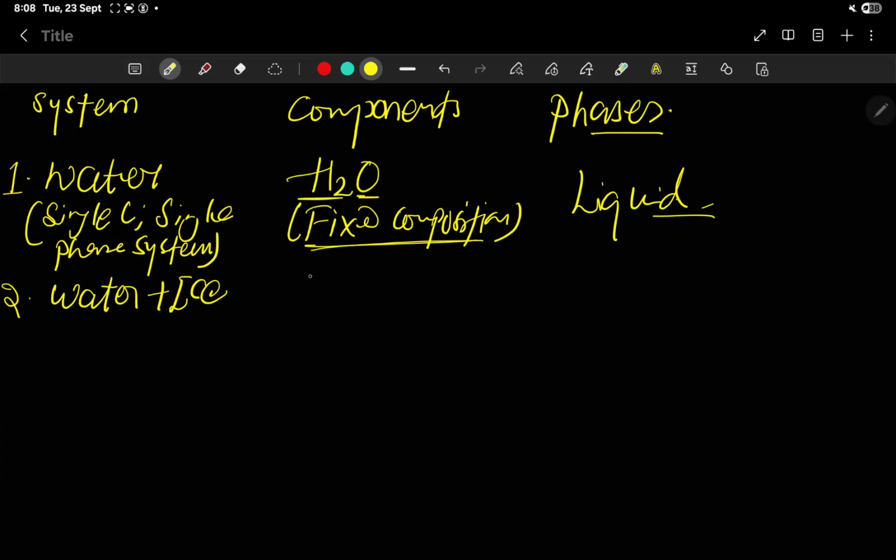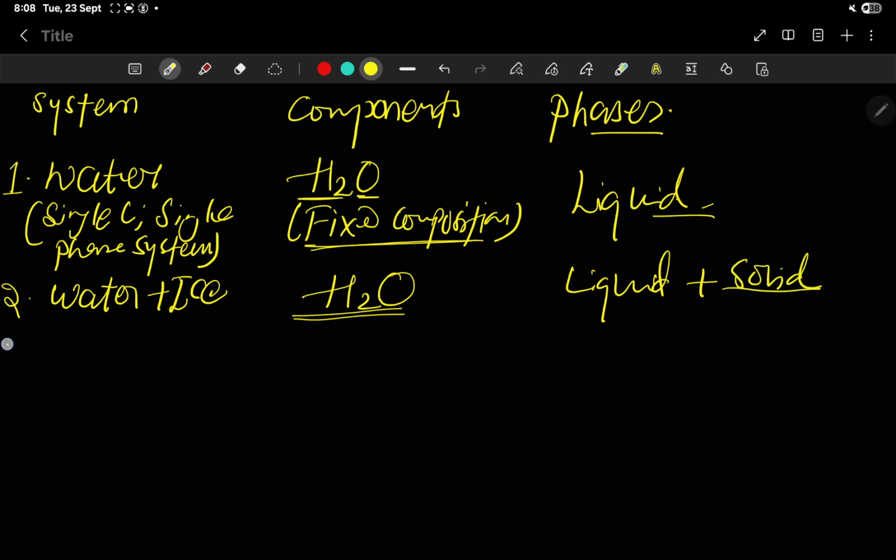Here we have a single component, H2O, and what phases will be there? Liquid plus solid.